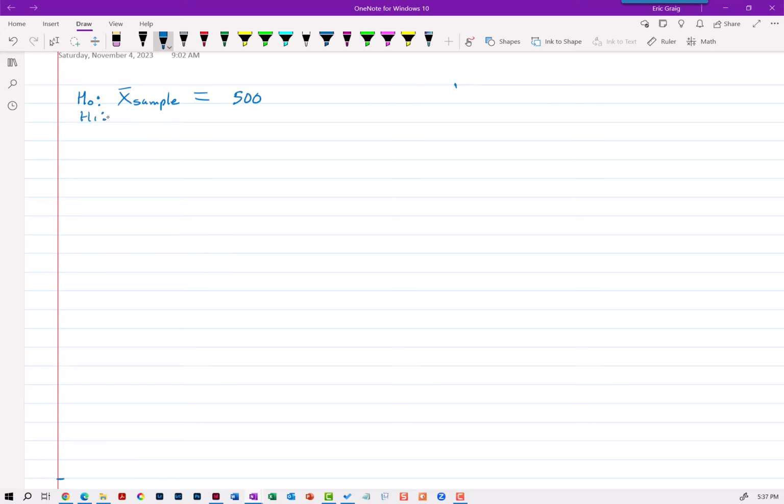H1, our alternative hypothesis: we have some theoretical reason to believe that our sample is going to score better than our population. So we're going to use that greater than sign. We're hypothesizing here that the folks that got the treatment, the folks in our sample, are overall going to produce a higher mean score on whatever this is than our population.